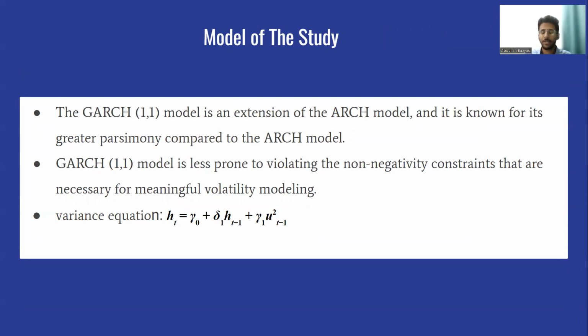And this is the variance equation for GARCH(1,1) model. This is the conditional variance, which is lagged at its own past values, and also the squared residual lagged at its own past values.